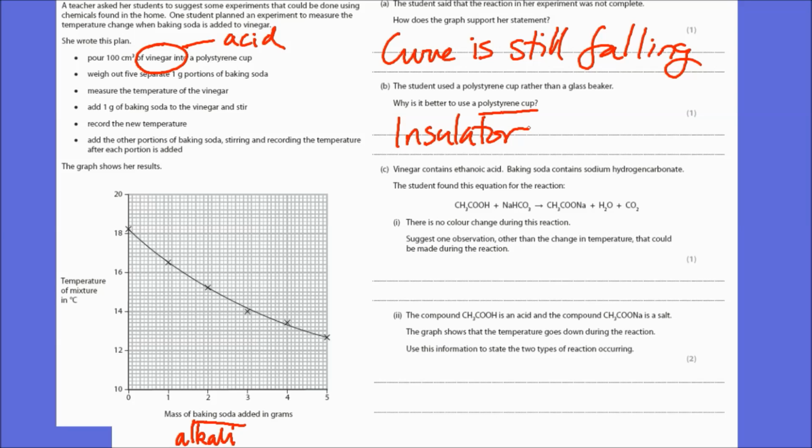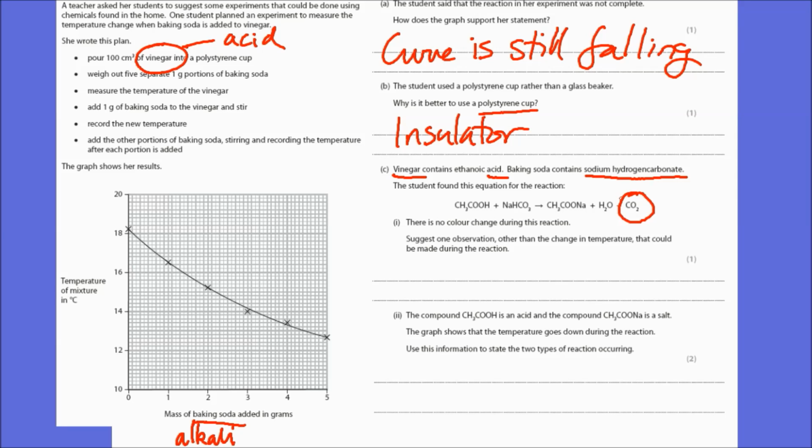Question C points out that vinegar contains an acid, and it tells you the active ingredient in baking soda is sodium hydrogen carbonate. And they've actually given you an equation for this reaction. What would you see in this reaction? One observation. Hopefully you've spotted that carbon dioxide is produced.